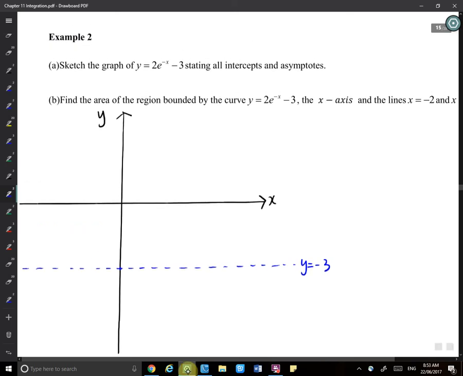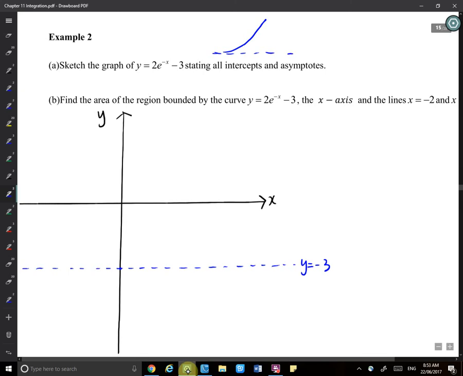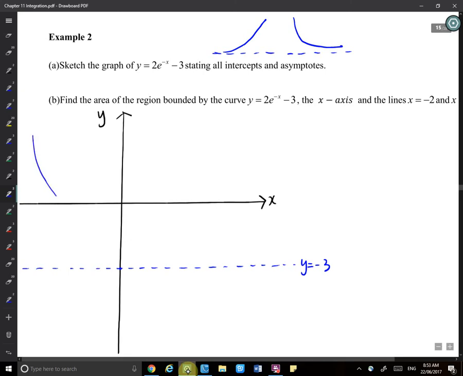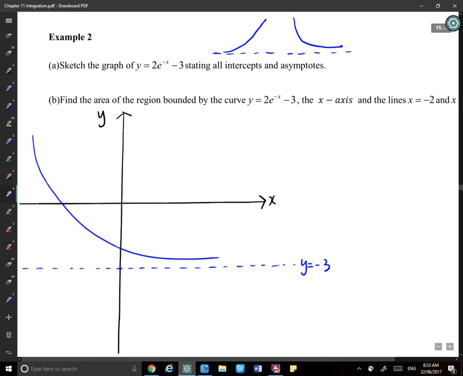Well, e is a number greater than 1, so I'll have a positive shape like that. And then I get reflected, negative x, reflected in the y-axis. So your graph will look like that. The capital A value is positive, 2, so I don't need to reflect for that. So I should have a graph shaped like this. But I need to find the x and y intercepts first.